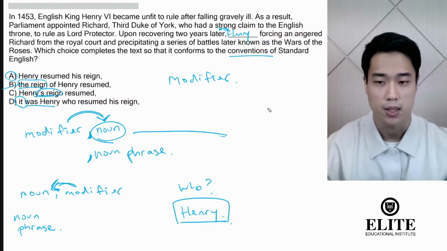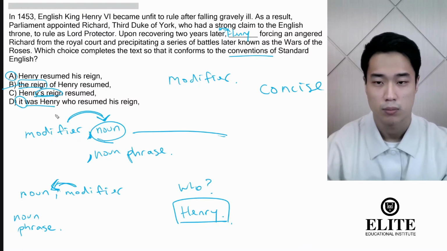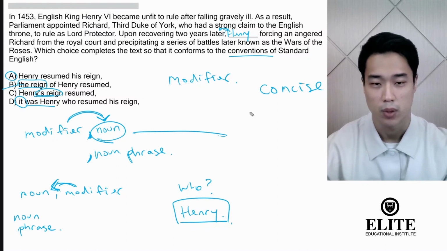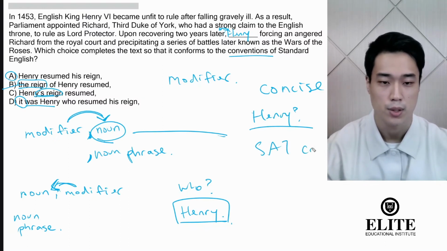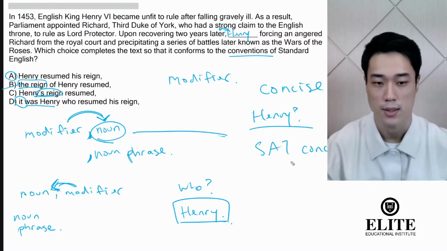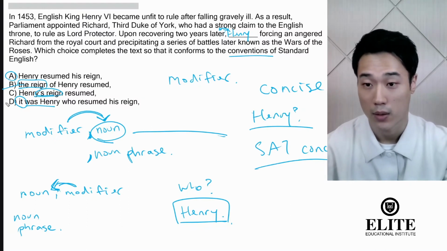The issue with D is that it's not concise. Why do I need to say it was Henry when I can just say Henry? The SAT really values concise answers. There are question types that specifically address this issue. So D is not as good as A.